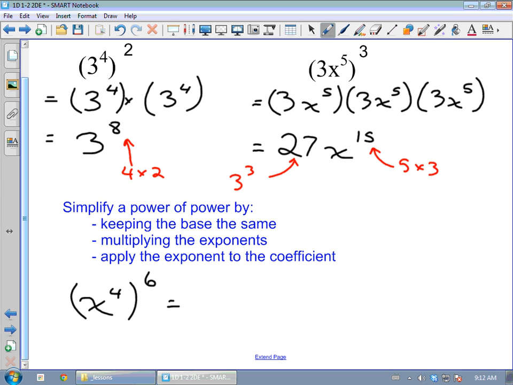So how is this going to look if we've got something like x to the power of 4, then raised to the power of 6?